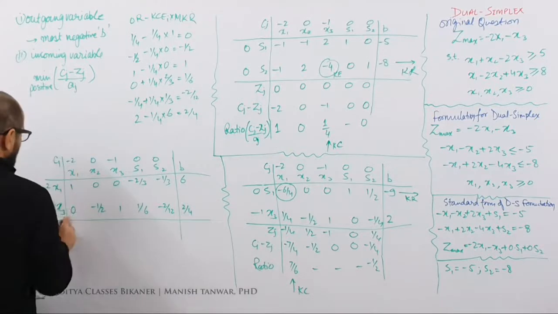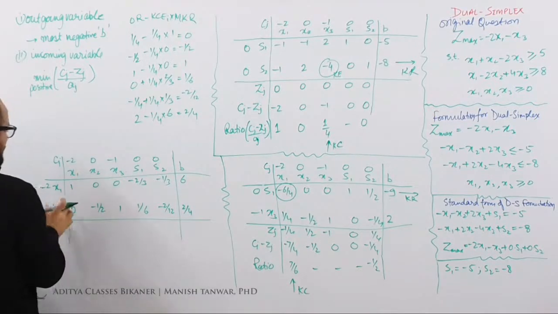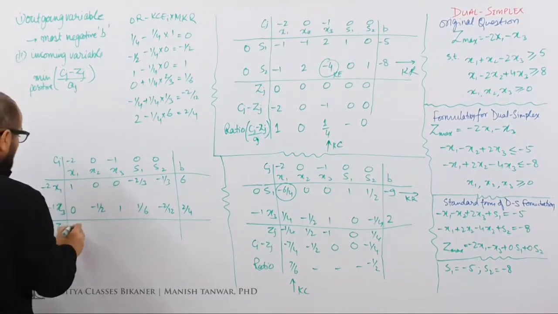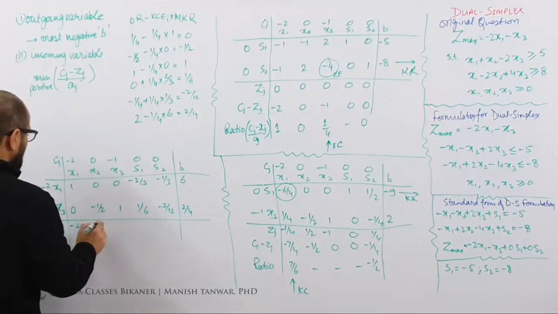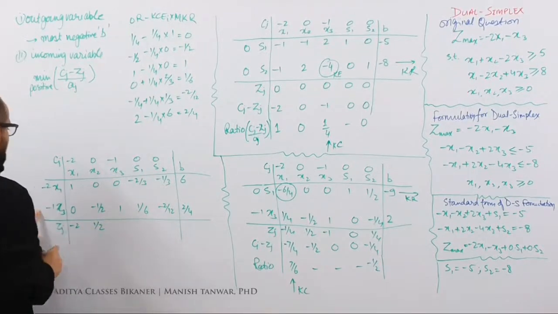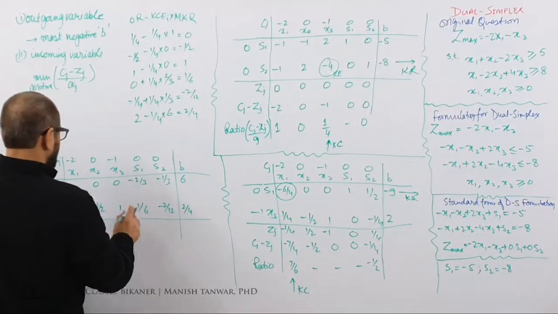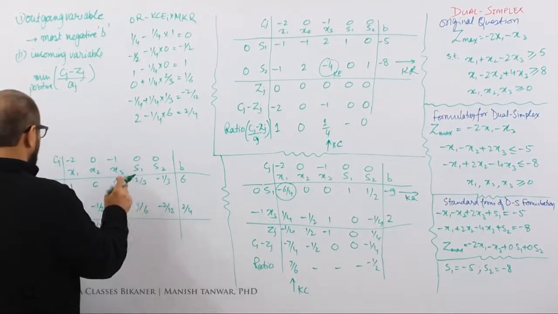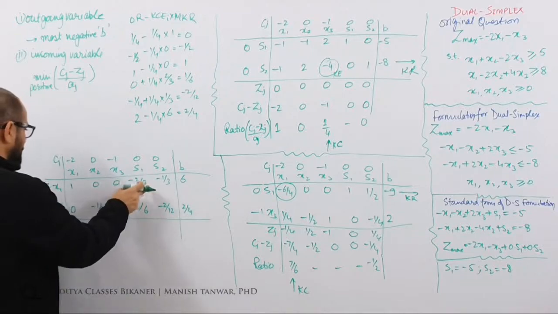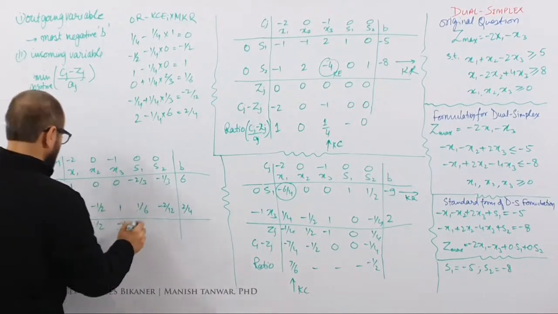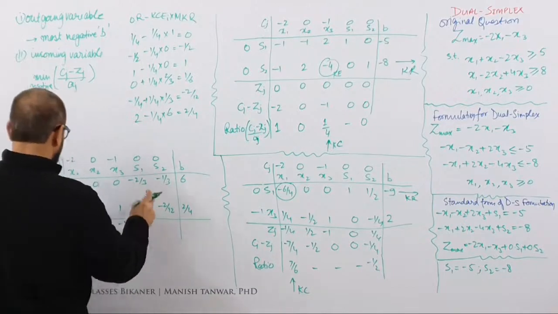This is our Cj, then we can have our Zj's. This will be a minus 2, this will be a half, this will be another minus 1. We have a 4 by 3 or rather 8 by 6, 8 minus 1 is 7 by 6.